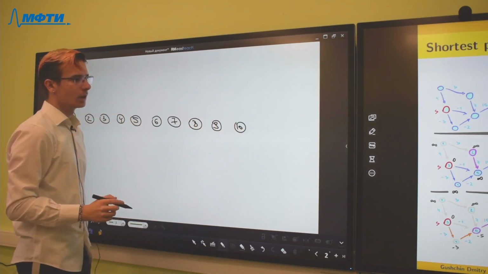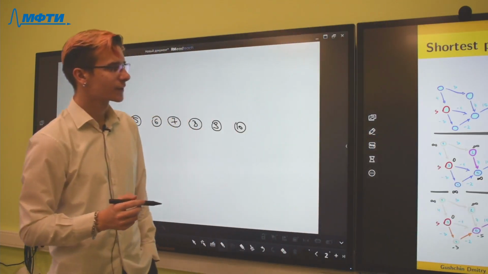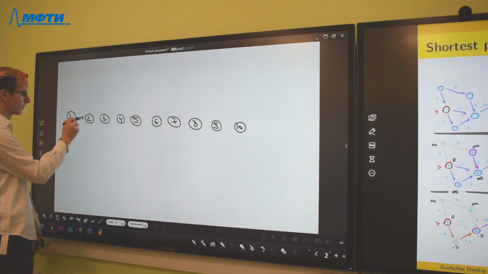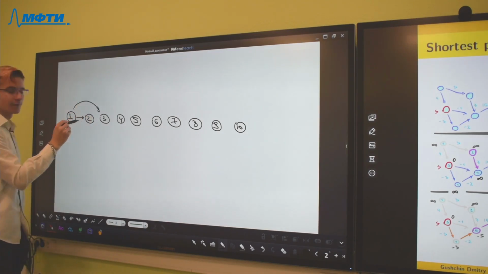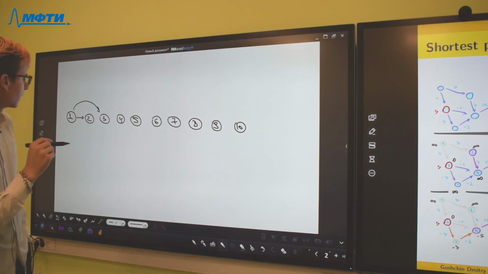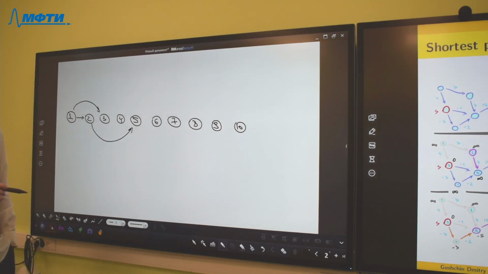And I can draw all these edges, for example, from the first vertex to the second and third. We have these two edges. We have an edge between the second and fifth vertex. From the third to the fourth and fifth.